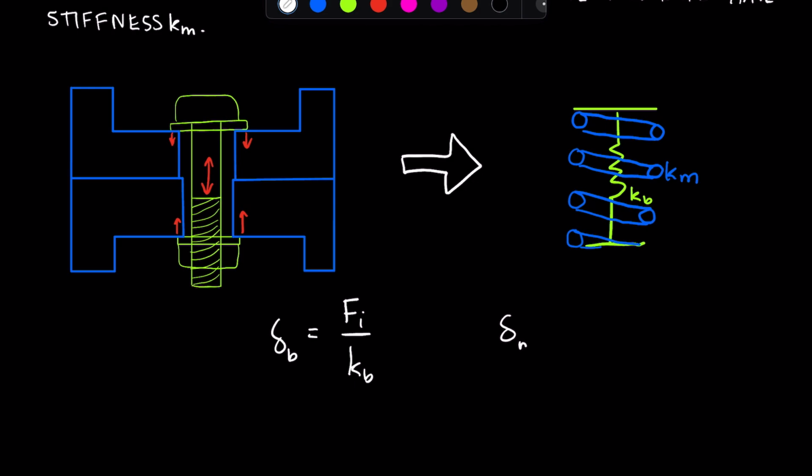And at the same time, our members get compressed by the preload divided by KM. And this is just a magnitude, right? One of these will be negative, one will be positive, depending on your sign convention. But remember that the bolt is being elongated and the members are being compressed.